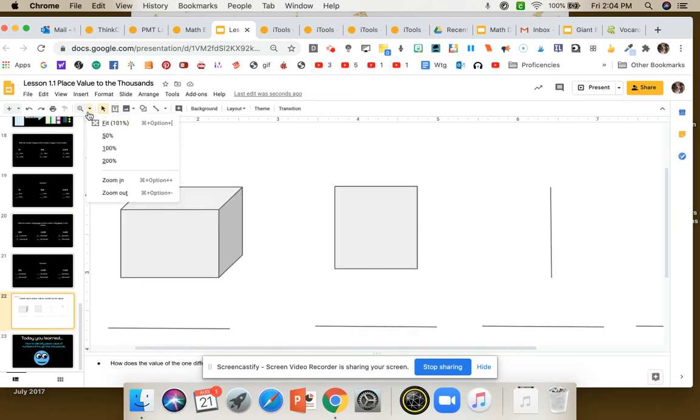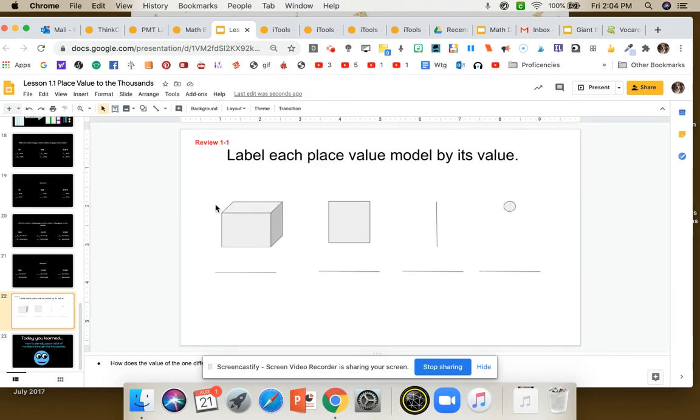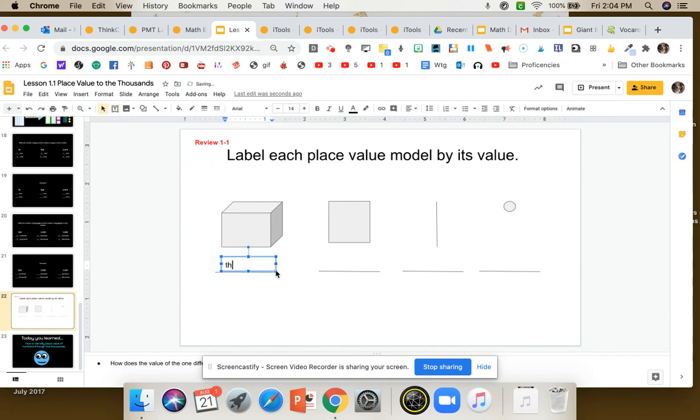I made that too big. Fit. Okay. We're going to label each place value model by its value, just to review. So anytime we see a cube, we should know that represents the thousands. Our hundreds grid, I gave away okay, what is this one model?